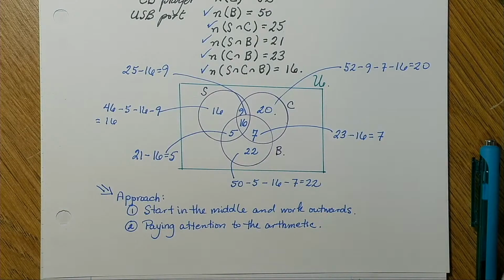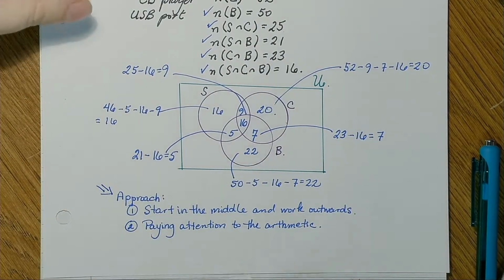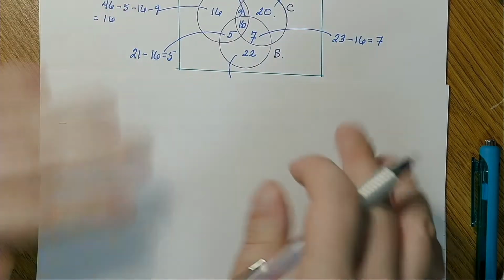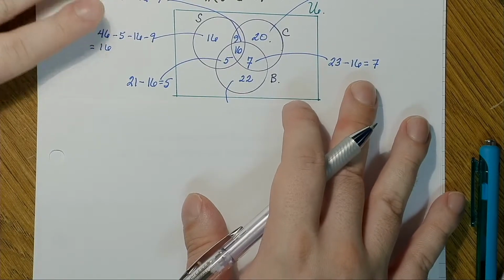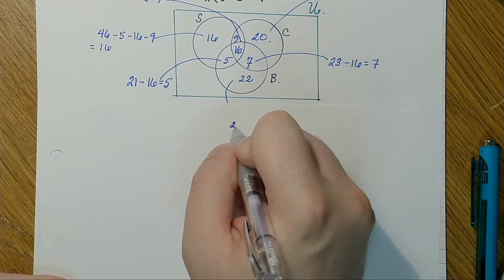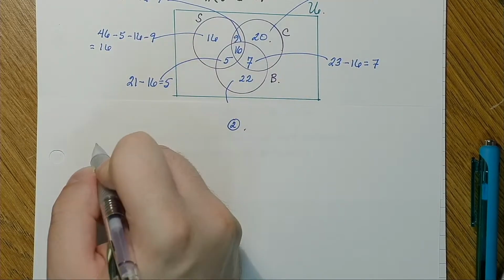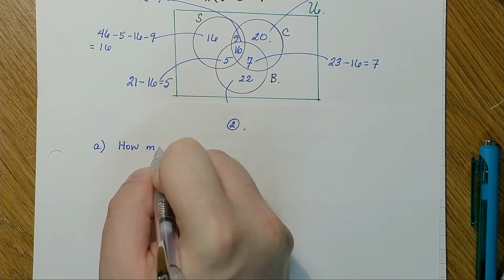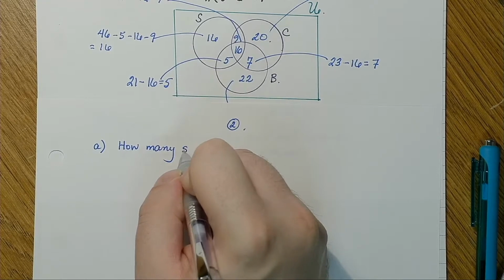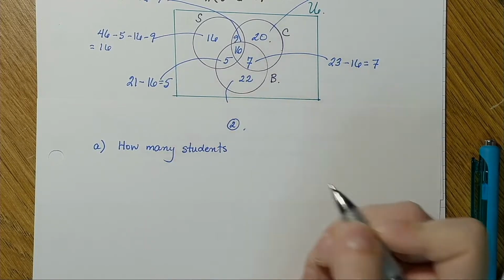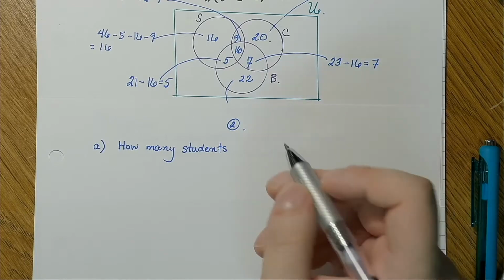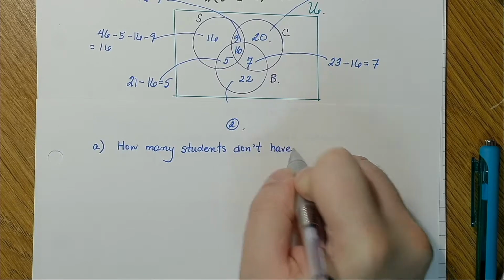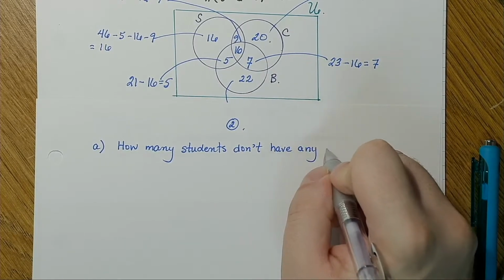Now that we have this diagram, this can be quite useful and helpful to us now. So you could have a part of a question which is like, how many students don't have any of the three?